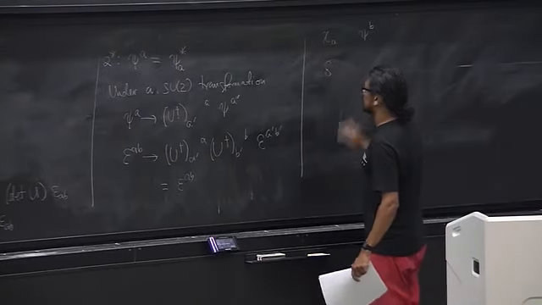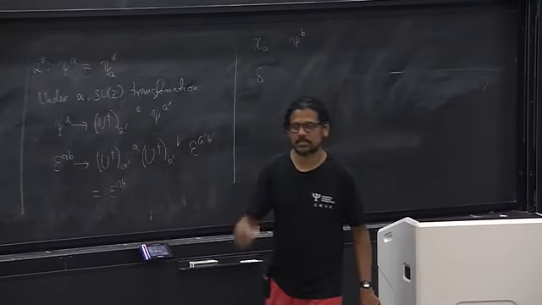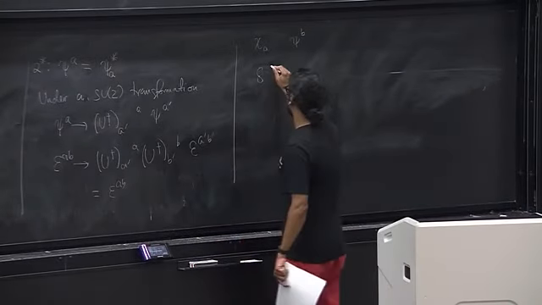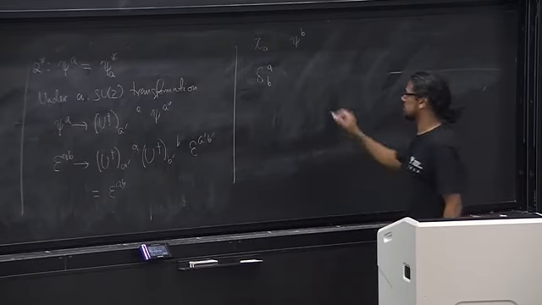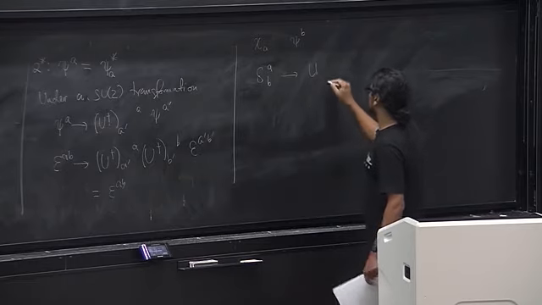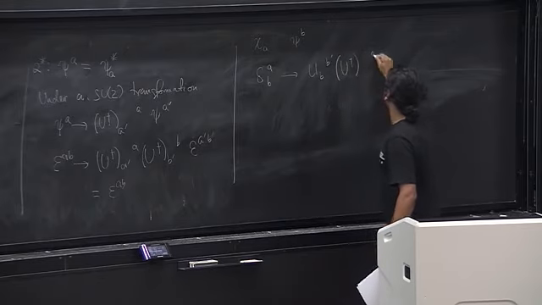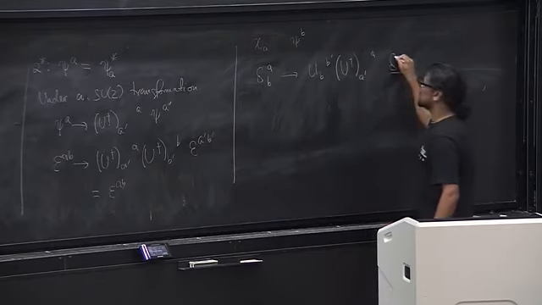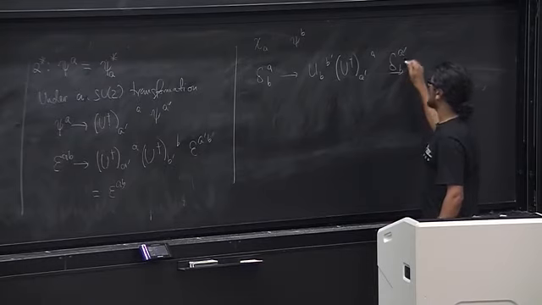Contracting a downstairs index with an upstairs index is done by another tensor, and this tensor should transform like U of B prime, U dagger of A prime, delta of A prime B prime.